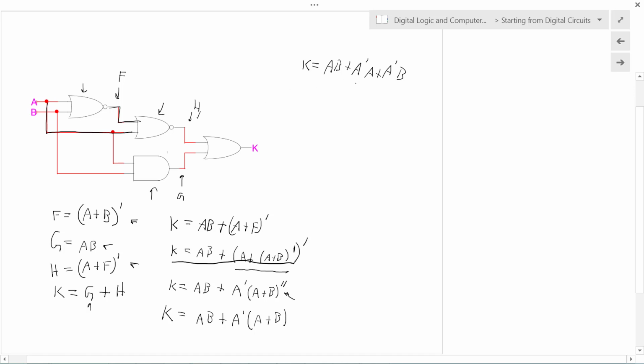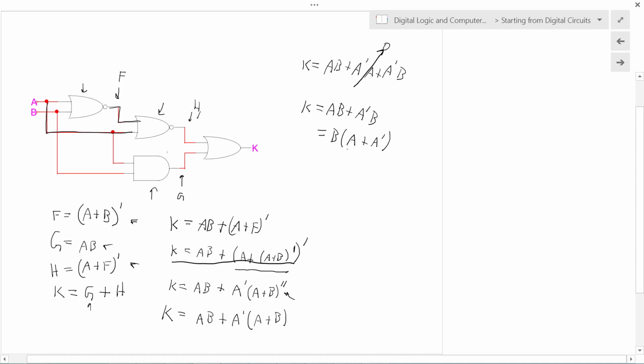So we can immediately see that A ANDed with A prime simplifies to 0. And then we have K equals A ANDed with B, ORed with A prime B. Factor out the B by the distributive property, and we get B ANDed with (A or A prime).